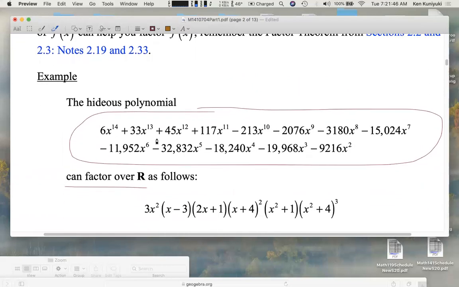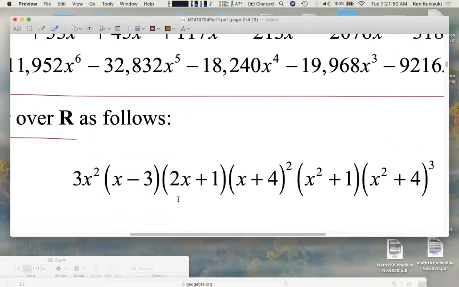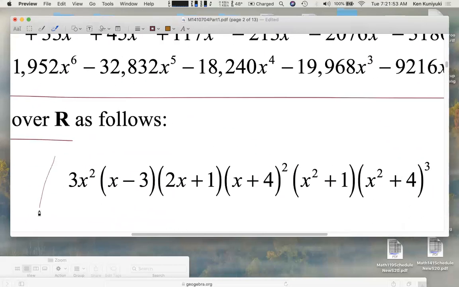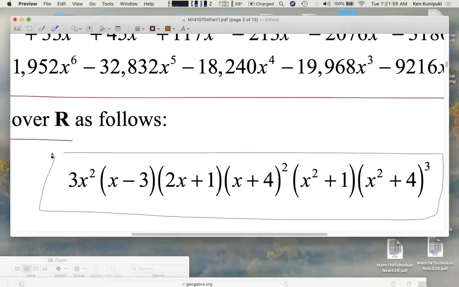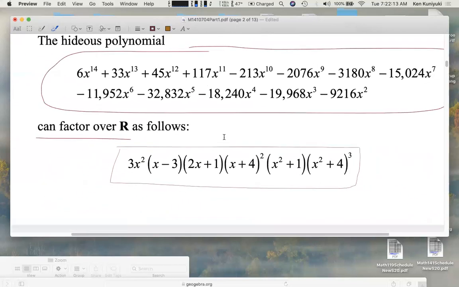All right. It turns out that this hideous polynomial ends up factoring like this. And I want to talk about the cast of characters here. If you factor a polynomial with real coefficients over the reals, what could be your cast of characters? We're going to go through these one by one. And once we understand what these factors are like, once we categorize these factors, then we can talk about the PFD form that we're going to develop.